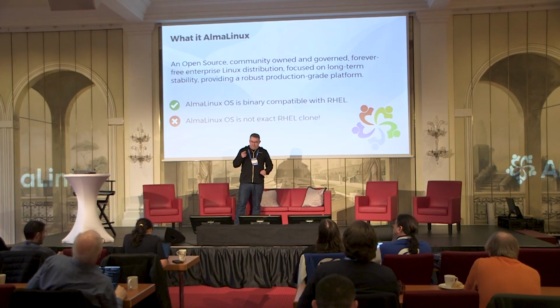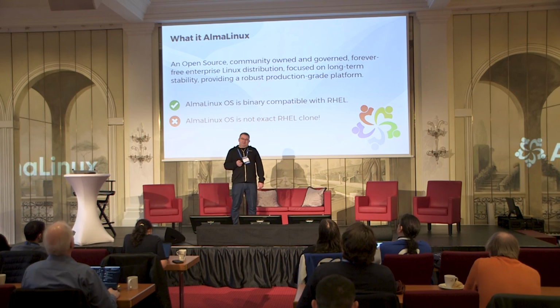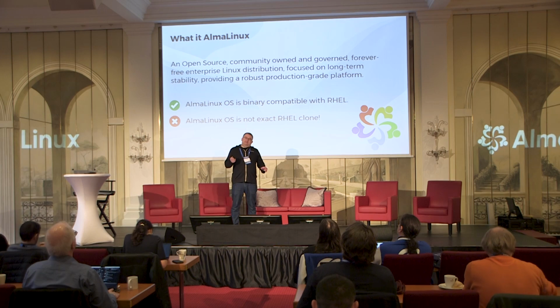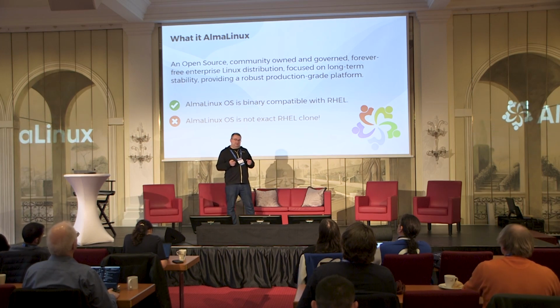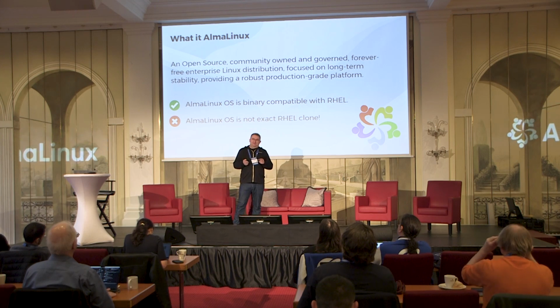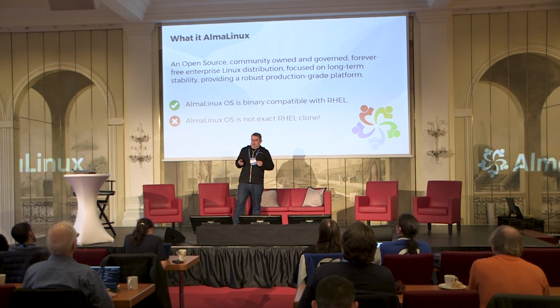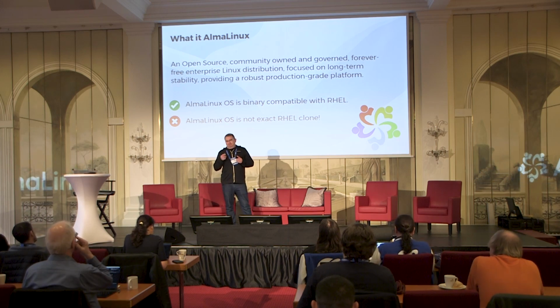First of all, probably you already know what AlmaLinux is, thanks to Benny. But I want to make two main statements. First of all, AlmaLinux is binary compatible with RHEL. And second, it's not an exact clone of Red Hat Enterprise Linux anymore. So we allow ourselves to fix some bugs.